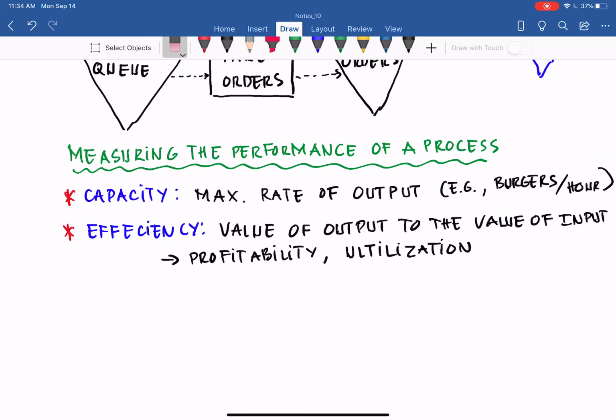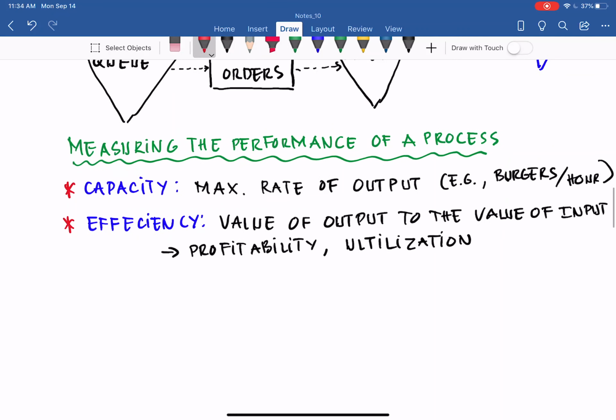And then the next concept is flexibility, and I suggest that you read that in the reading. If a process has flexibility, it will be better, right?